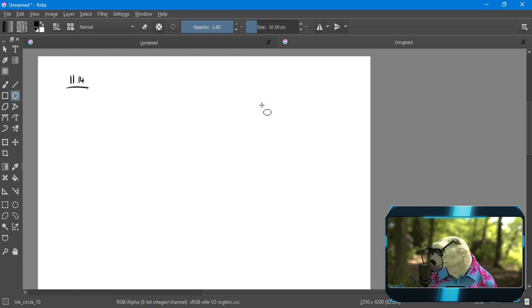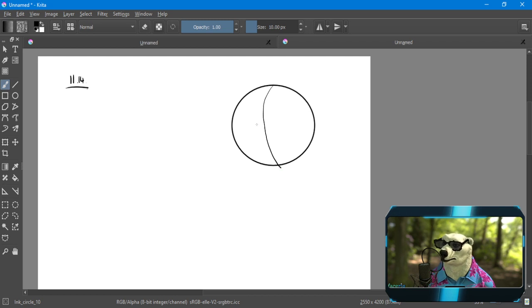We can have a little circle here, nice and big. So let's suppose we have our sphere like that. We have a radius, and we're interested in volume.